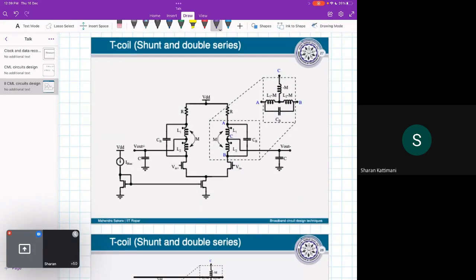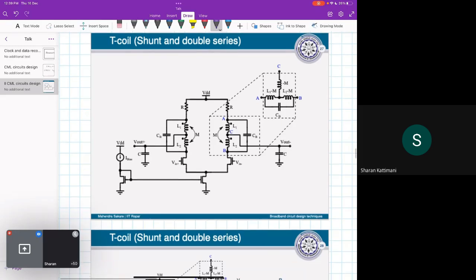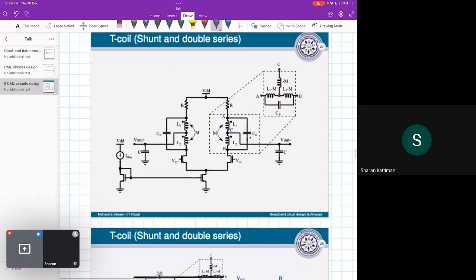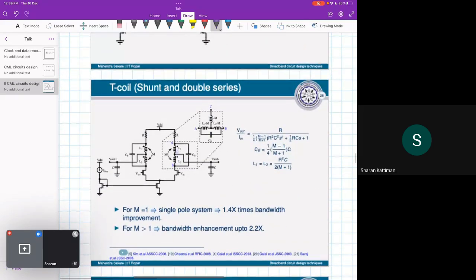This can further be complicated using a transformer. Okay, so by using a transformer, it will be inductors in such a manner and a capacitor in such a manner that it will form a star kind of inductor configuration. And if we further solve this, then we will get this, and again by adjusting the peaking you can actually improve the speed.